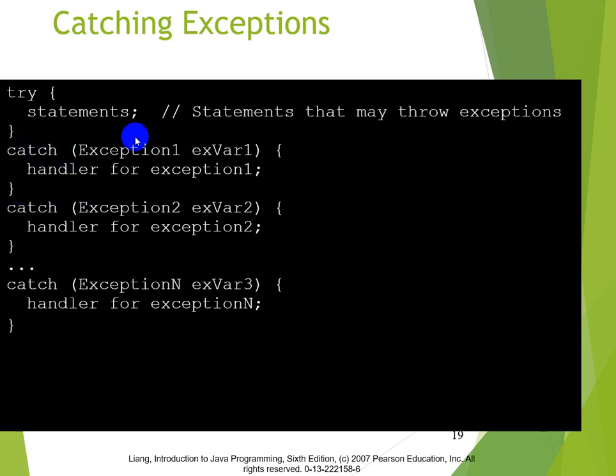As you can see, if you have more than one exception type, for example, this one is the IO exception, this is the array out of bound exception, each will have its own object. So whenever you throw the object, it will be caught right here. It's like method calling.